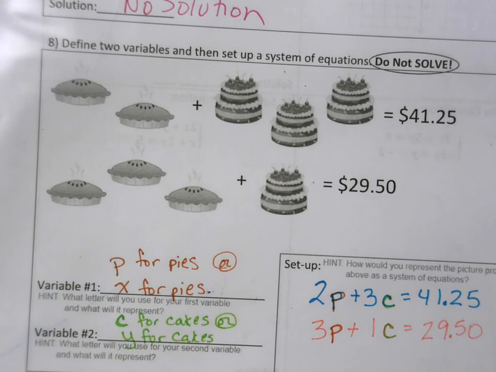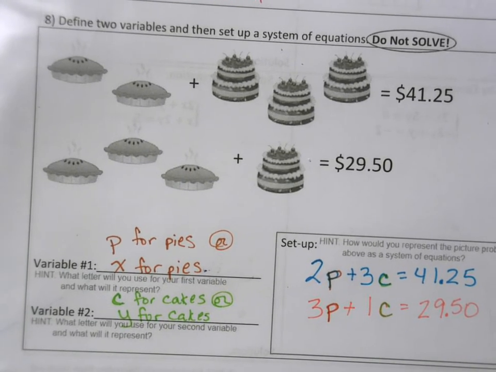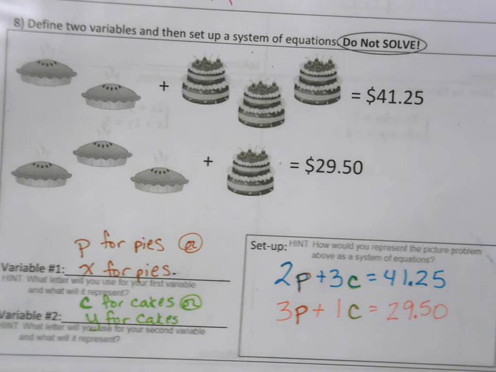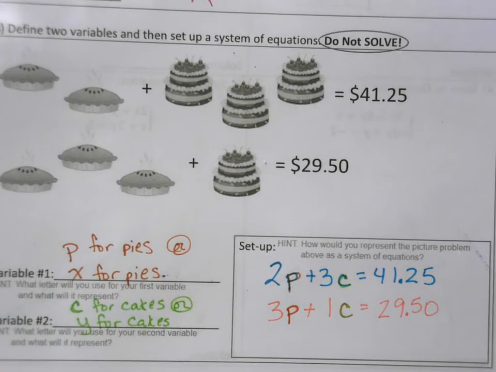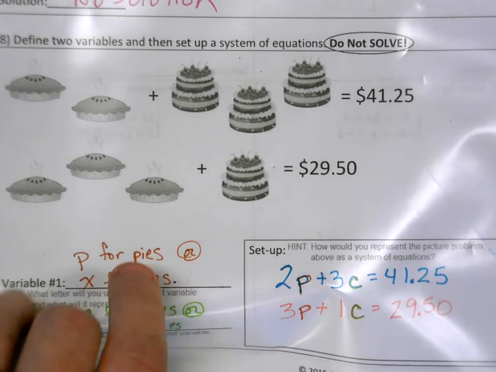You could use X for pies, but you had to tell me what it was talking about too. You couldn't just give me a letter. The same thing here for your variable 2. I chose C for cakes, but you could choose Y for cakes. Then here were my equations: I had 2 pies, so 2P plus 3 cakes, so 3C, equals a total of this. Same thing here, 3 pies plus 1 cake is 29.50.